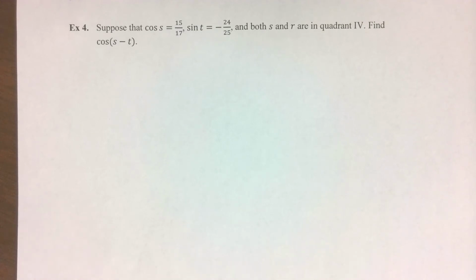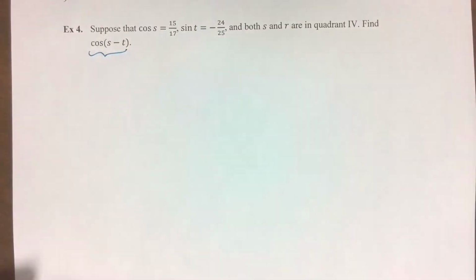Alright, so example 4. Suppose that cosine s equals 15 over 17 and sine of t equals negative 24 over 25. Both s and t are in quadrant 4. Find cosine of s minus t.